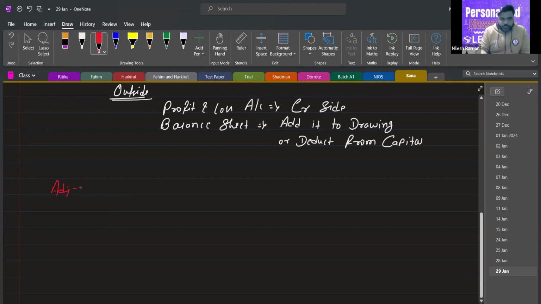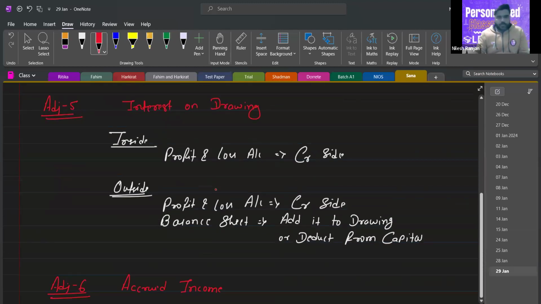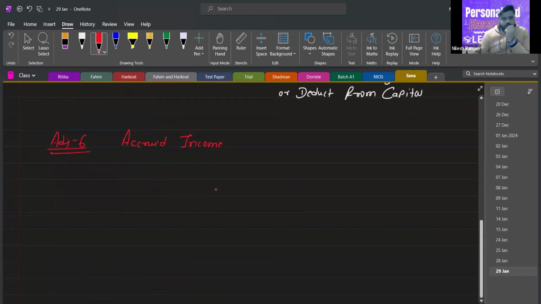So adjustment number 6. It is accrued income. Accrued income is income which is not received.